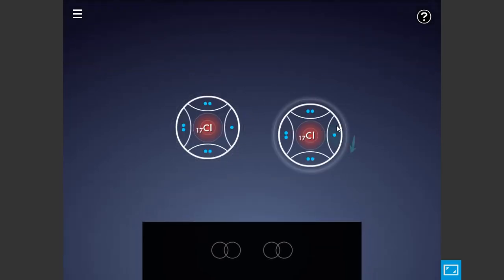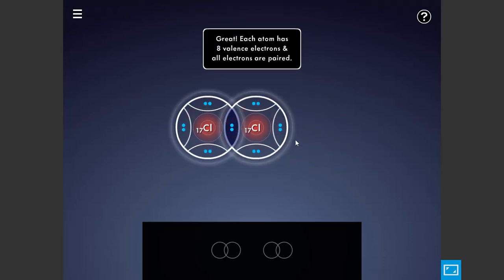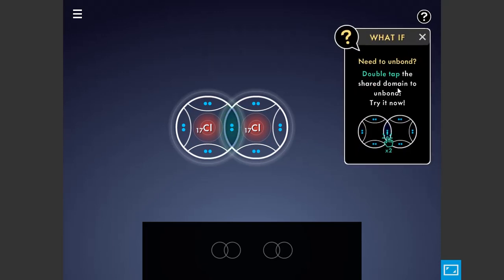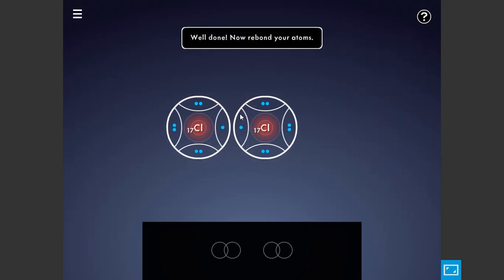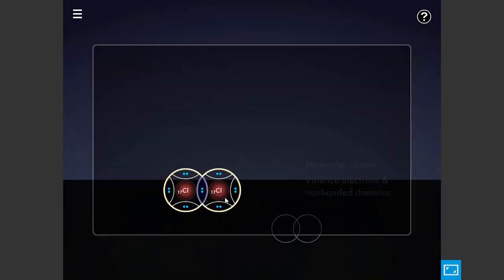Now for chlorine, we rotate to make a pair. To unbond, you double click. Now to rebond, you just drag it.